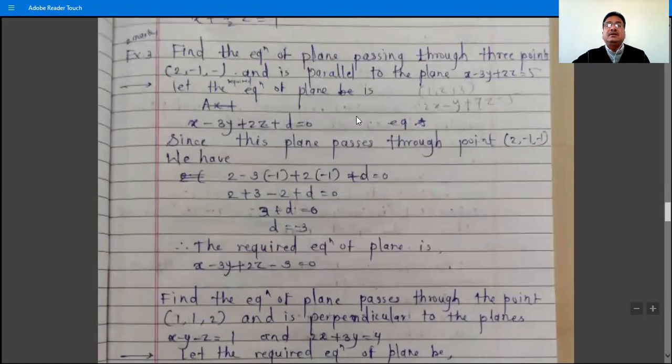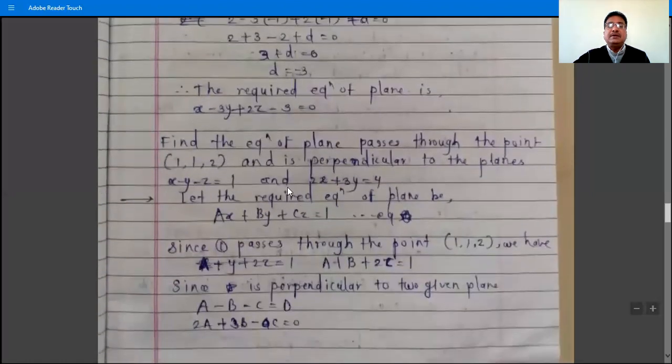So we make use of that remark: the required plane is parallel to this plane, so take its equation as x minus 3y plus 2z, with the same coefficients, plus d is equal to 0, and find the value of d using the fact that this point lies on the plane. We have d as minus 3. The same type of problem we will see in the next lecture.